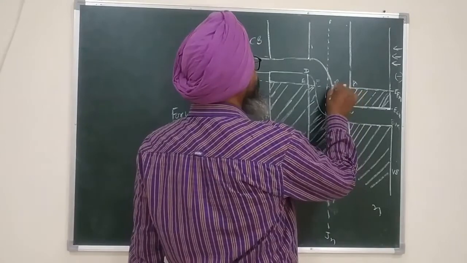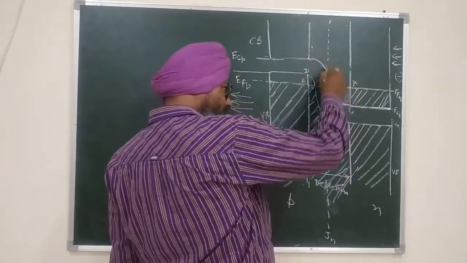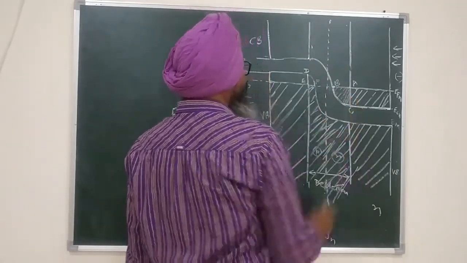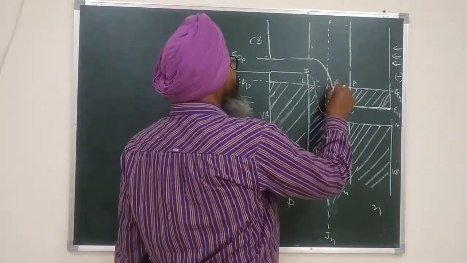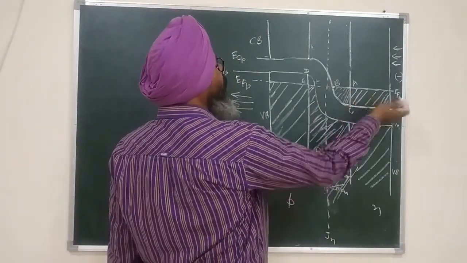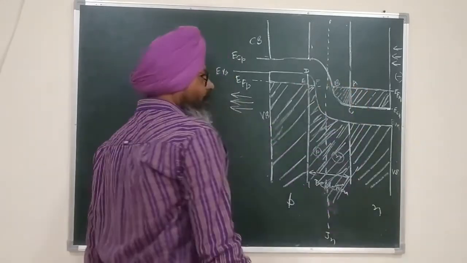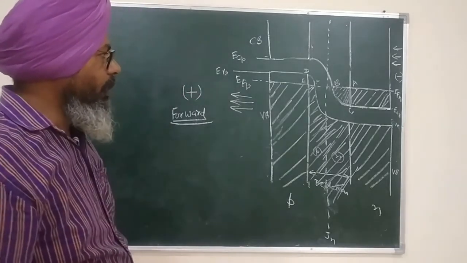That has to be the case because the acceptor band is the property of only P type material. Similarly, region ABC, you can see this is the edge of B. That is why I varied this graph for better understanding. This edge of B, kindly see, is to the right of the junction. So this region ABC is completely confined to the N region. That has to be the case because the donor band exists only in the N region.